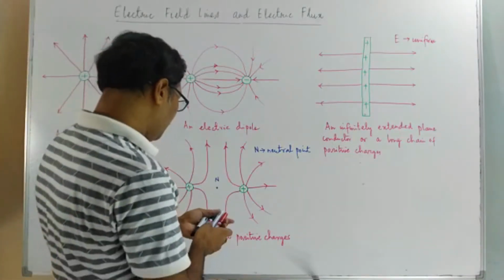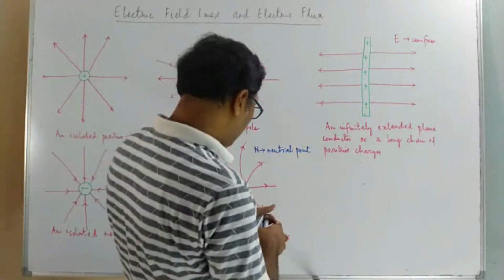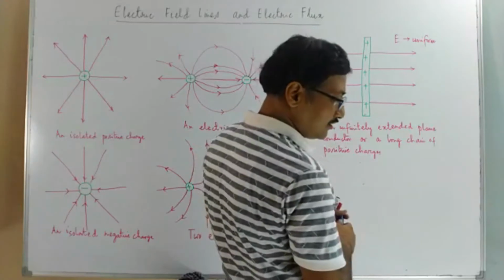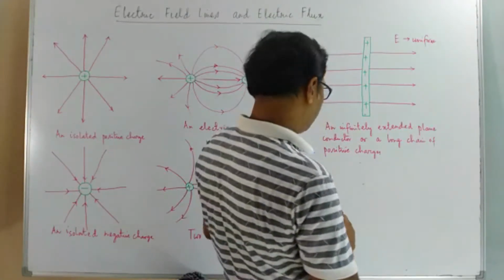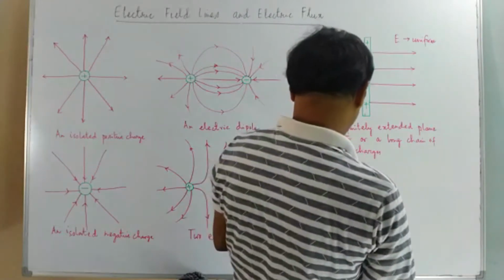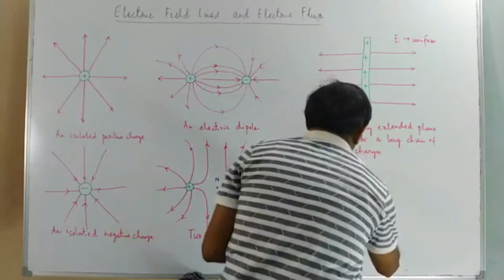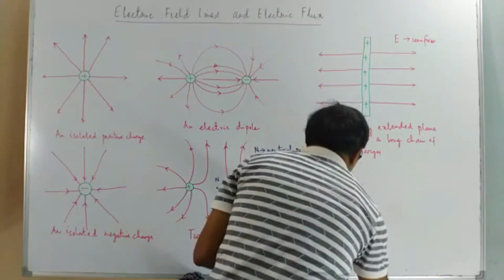Finally, we will also consider the electric field between two plane conductors. They are oppositely charged and they are having finite dimension. So we may consider two parallel plates.